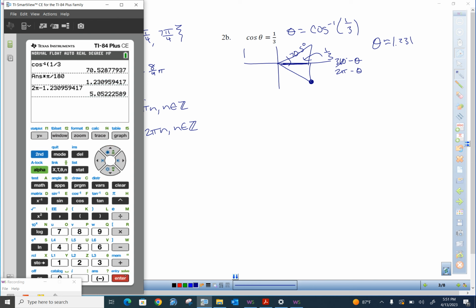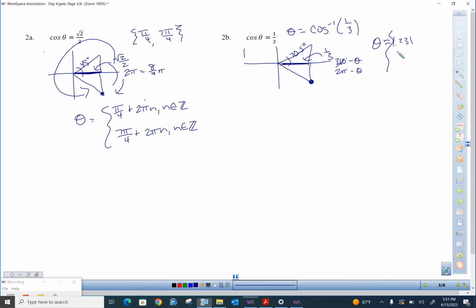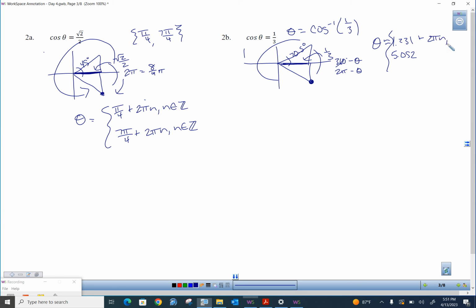So 5.052. Okay. No general pattern between all of them, so we just stack them and add the 2.